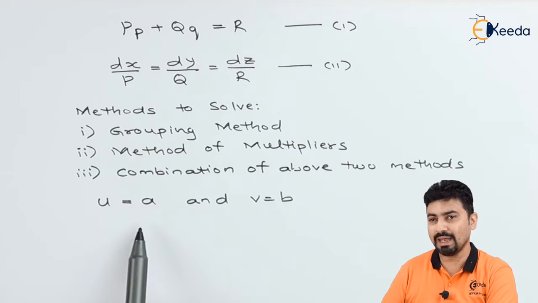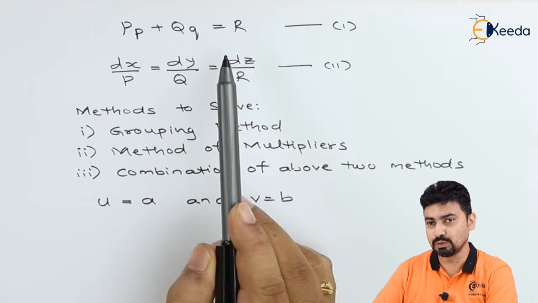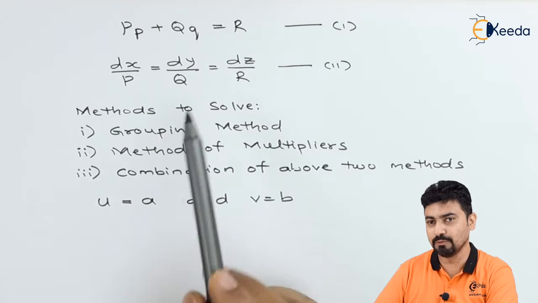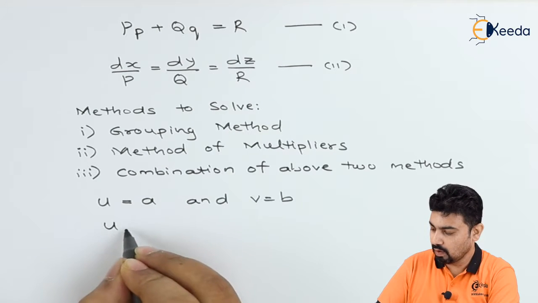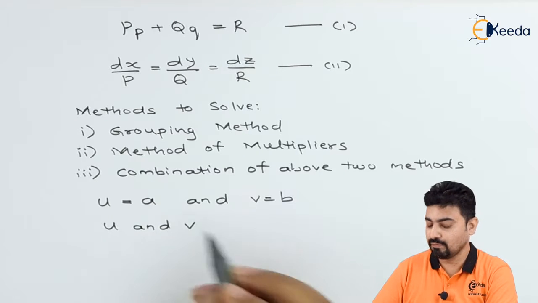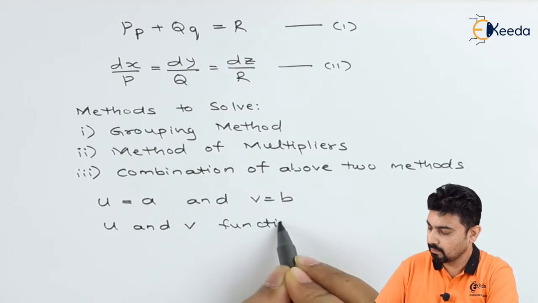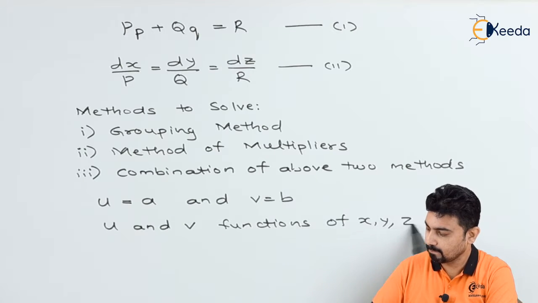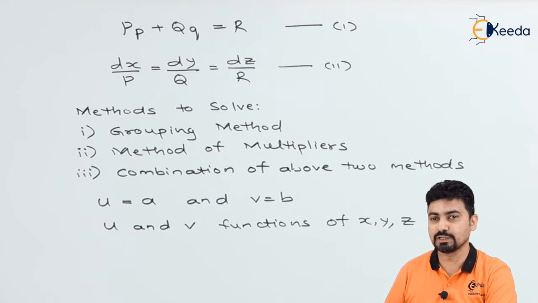So u is equal to a and v is equal to b be the solutions of equation 1, which we have got by using the equation 2, where u and v are the functions of x, y and z respectively.